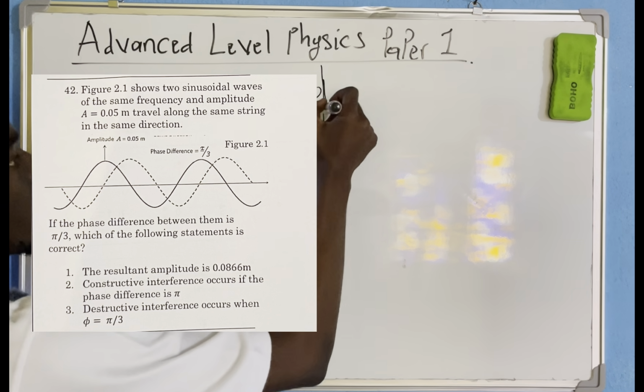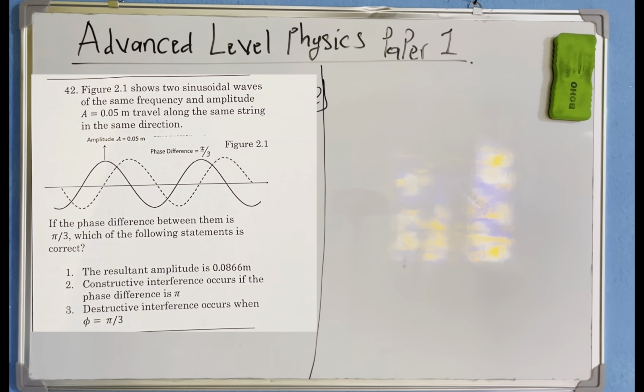The second statement is: constructive interference occurs if the phase difference is pi.